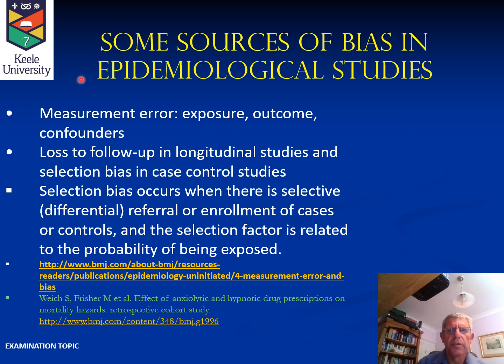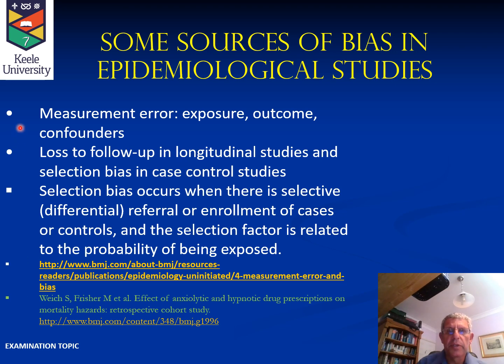Epidemiological studies are also subject to bias. In another session, I mentioned this paper which looked at the relationship between getting hypnotic drugs and mortality. So the exposure was getting prescriptions of these drugs. The outcome was mortality, and we did consider a number of factors that could confound this relationship.